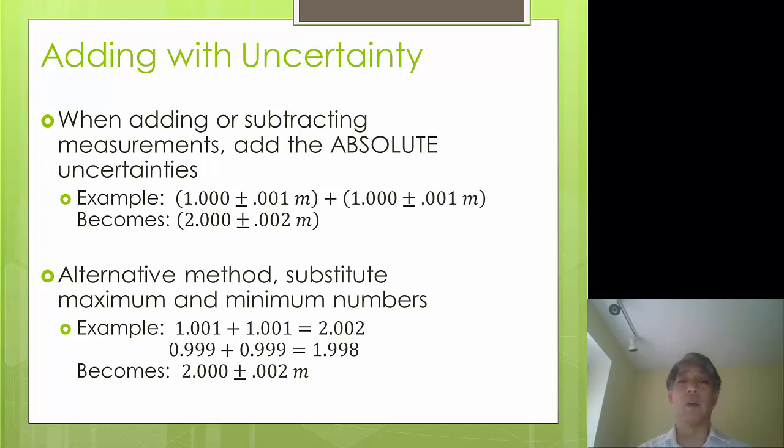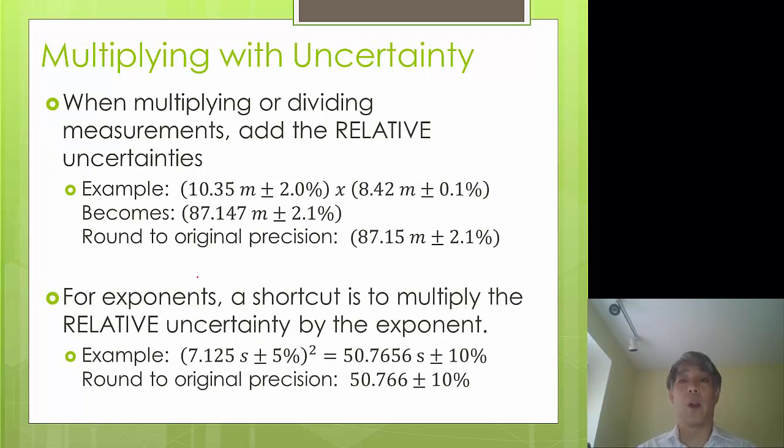Okay, 1 meter plus or minus 0.001 meters, it's really 999 millimeters or 1001 millimeters, plus another meter plus or minus 0.001 meters. You add the measurement. In this case, it becomes 2, and you add the absolute uncertainties. It becomes 0.002.